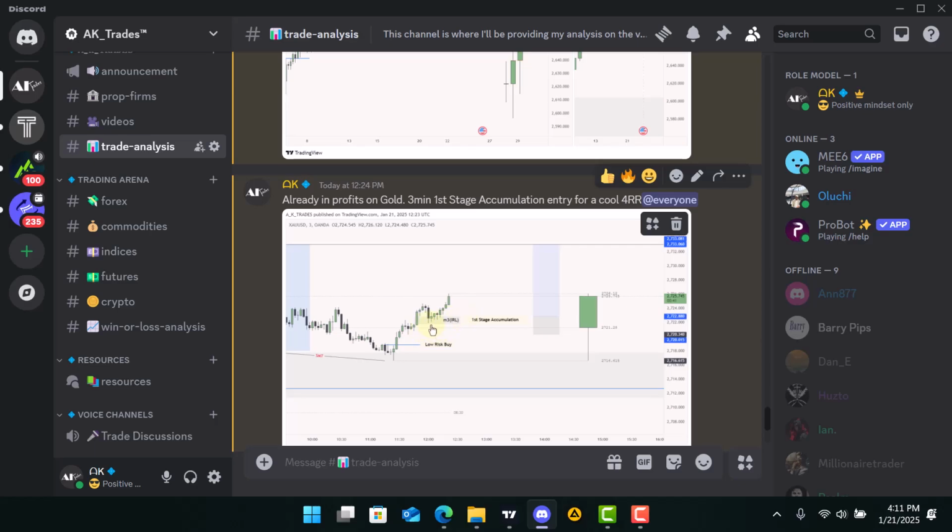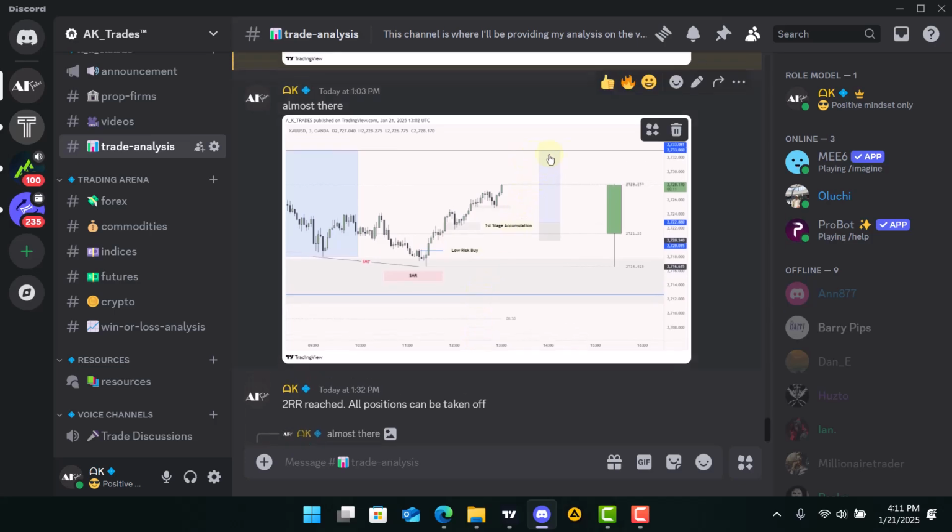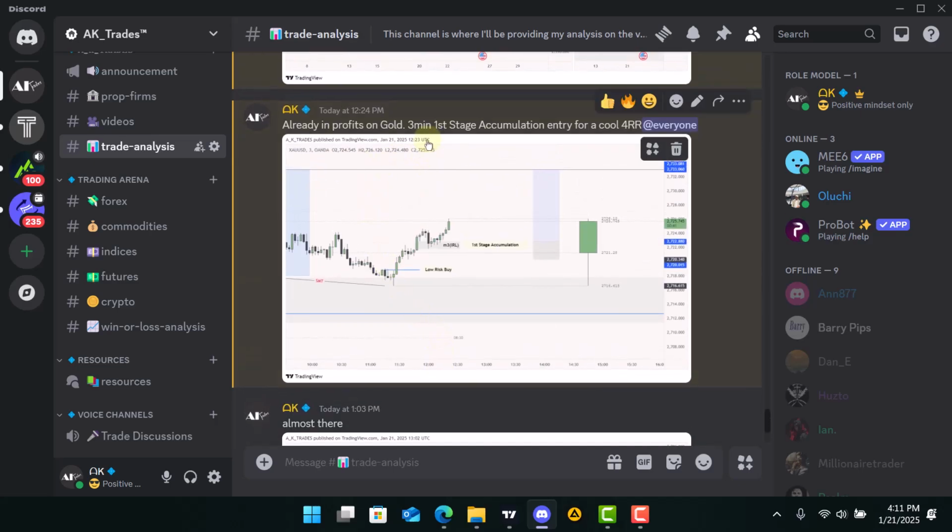So price reacted to the 3 minute internal range liquidity and expanded away from it. Initially my target was a 4 hour external range liquidity, and this was providing me somewhere around 4.02, just as I indicated in the Discord server.